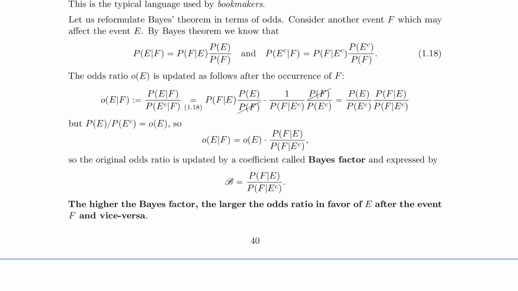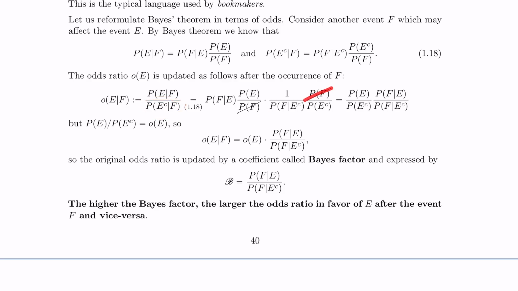We have to write O of E given F as the fraction between the conditional probability of E given F divided by the conditional probability of the complementary of E given F. Thanks to Bayes' theorem, we can rewrite this conditional probability like this. Thanks to this other instance of Bayes' theorem, we can rewrite this conditional probability like this.